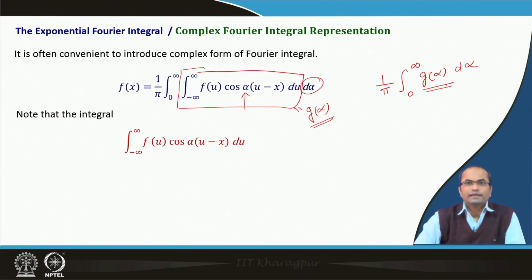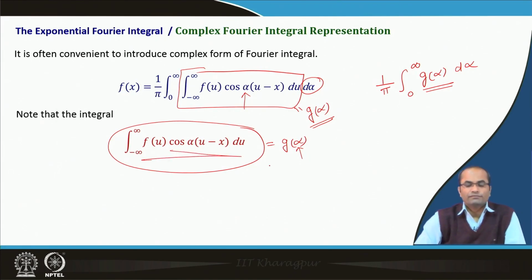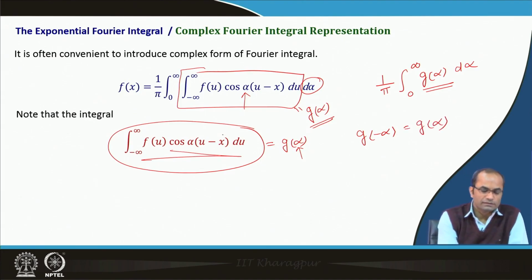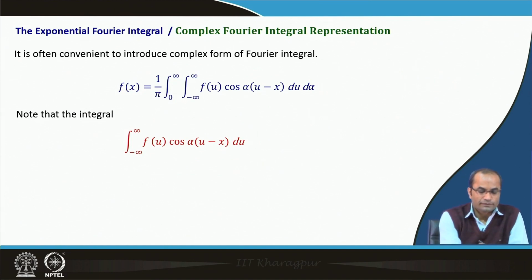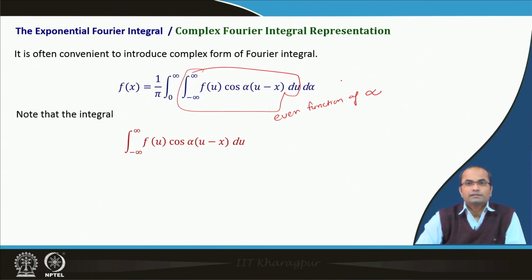Now if we take a look at this g(alpha), which is given by this one, in terms of alpha this function is an even function, because g(minus alpha) is equal to g(alpha), since alpha is sitting with the cos term and cos is an even function. So this integrand is an even function of alpha, and it is being integrated over alpha from 0 to infinity.